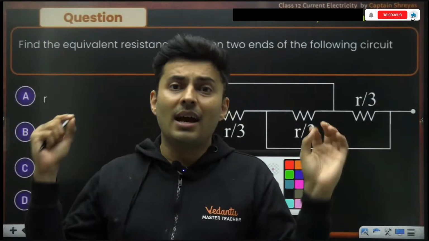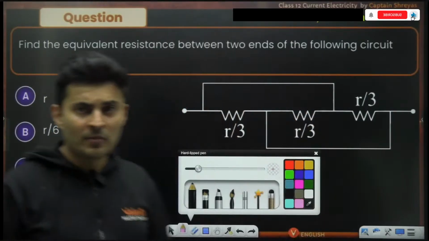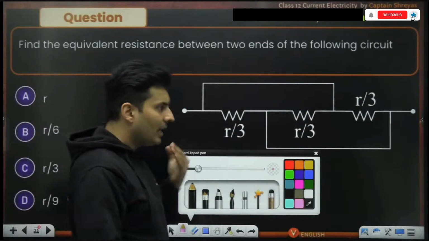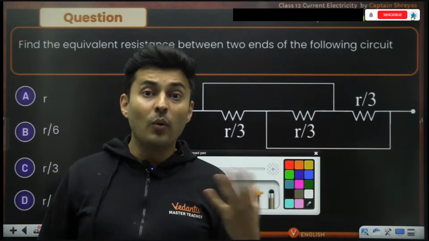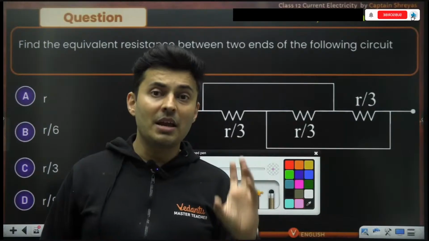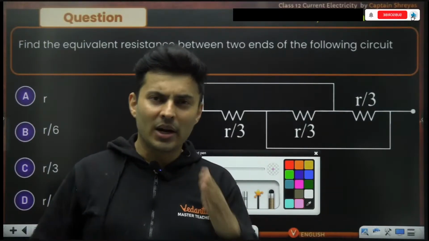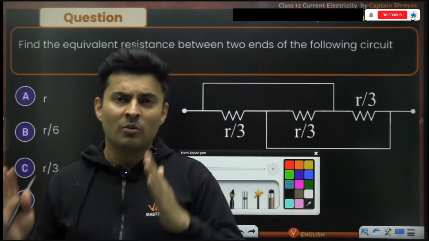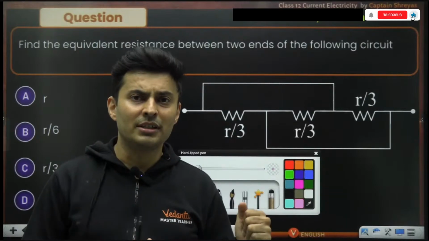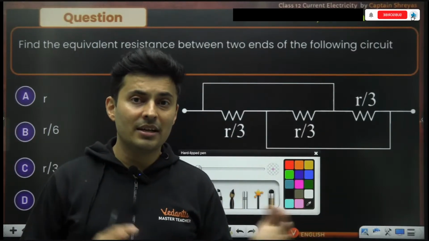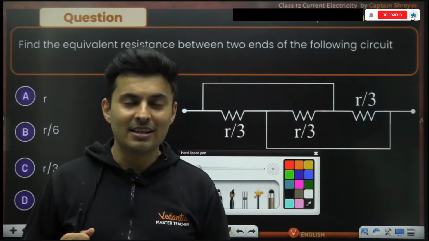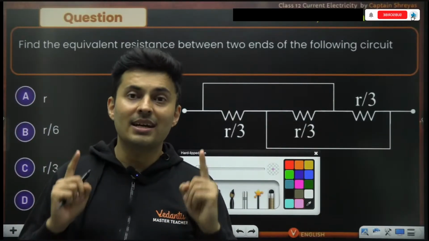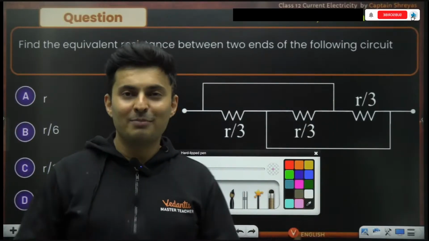So start marking that, and then see if there are any things which have the same voltage differences, or are sequentially arranged. This voltage plus this voltage plus this voltage: V1 plus V2 plus V3 is the net voltage, so obviously they are in series. But if the voltages are the same, then they are in parallel.